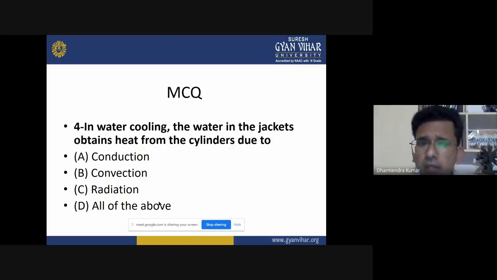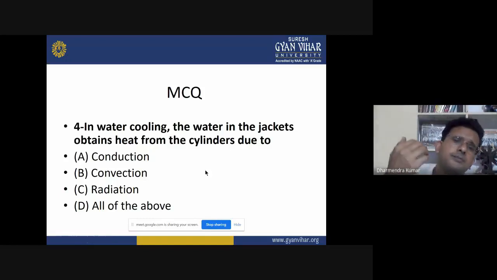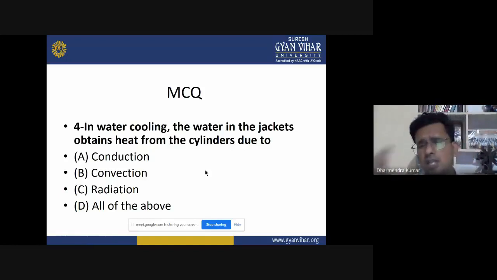Now we can see that conduction is the only process which is the medium of transferring heat from the cylinder to the water jacket around the cylinder.